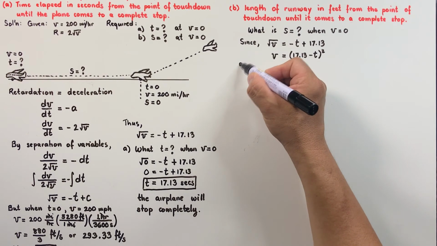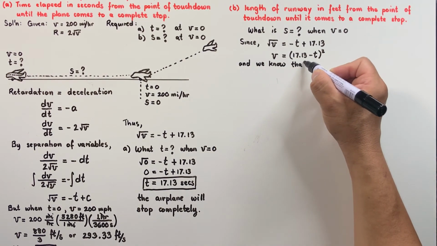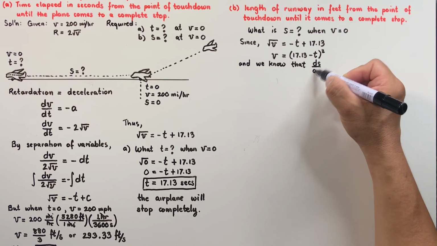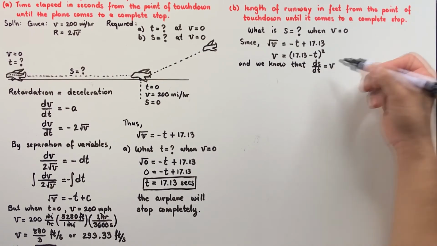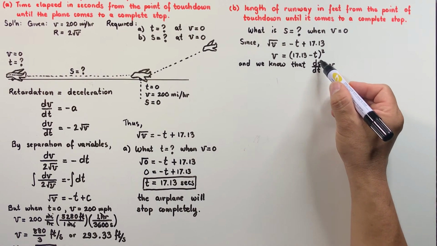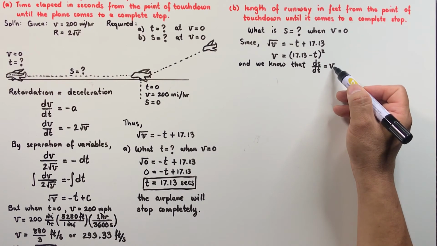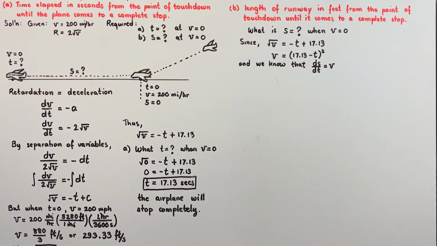And we know that ds dt is equal to the velocity because the change of distance or position with respect to time, or per unit time, is equal to the velocity of the object.